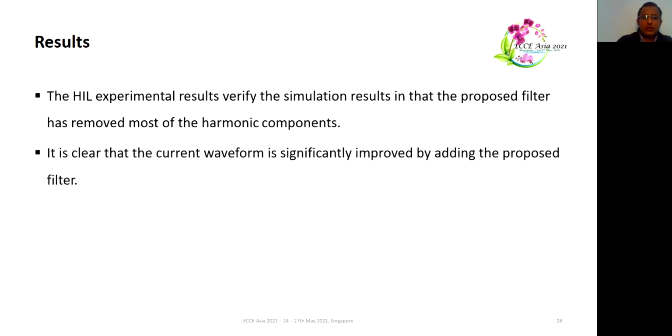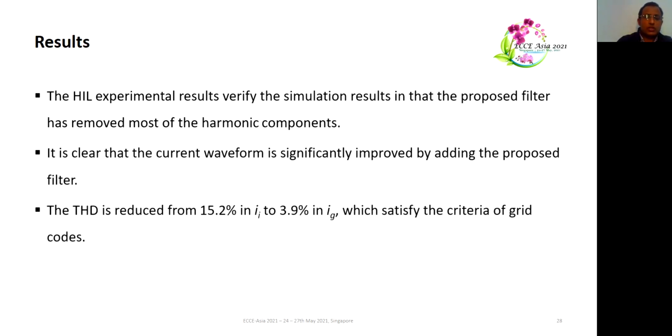It's clear that the current waveform is significantly improved by adding this proposed filter. The total harmonic distortion is reduced from 15.2% to 3.9% in the grid side current, which satisfies the criteria of grid codes.